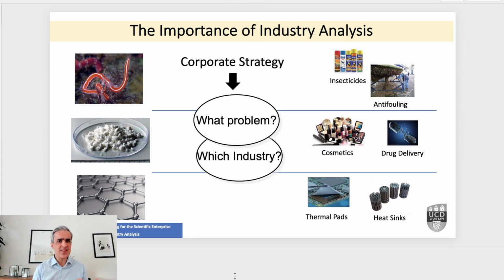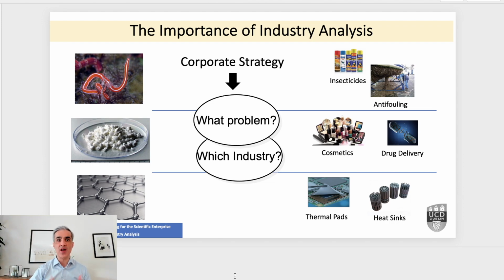In order to make a decision, because as a startup, you can't go into all the industries at the same time. You need to choose. So good industry analysis will allow you to make a better decision. I have this product, has this solution, where the value that I'm going to add is going to be greater, where customers have a bigger problem and therefore are going to be more willing to pay back for my solution.